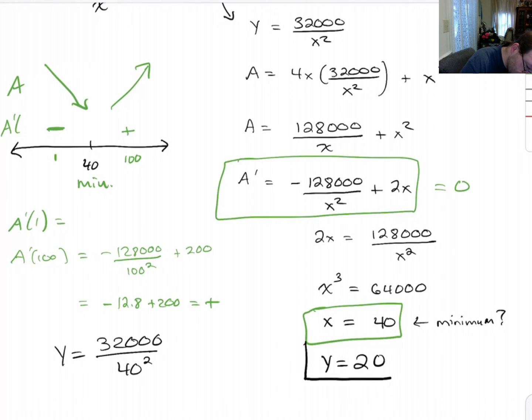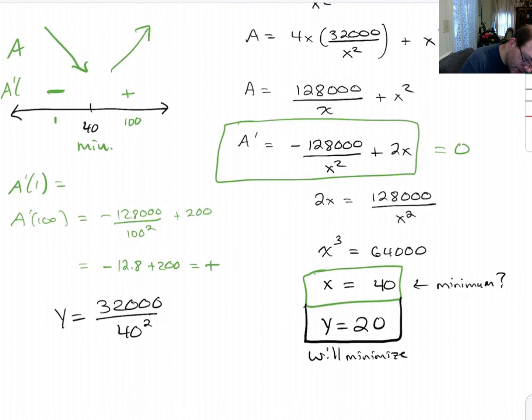So those are the dimensions that will minimize the box. Or rather, I should say, will minimize the material needed to build the box. All right, that's it.